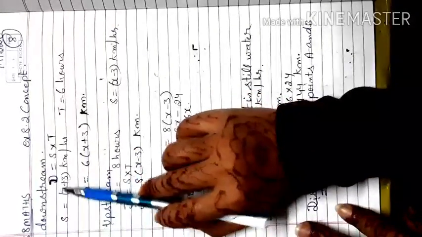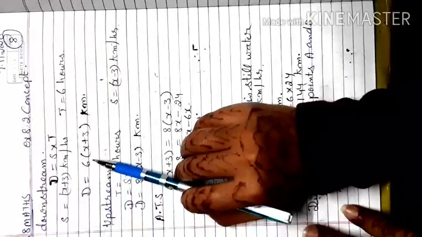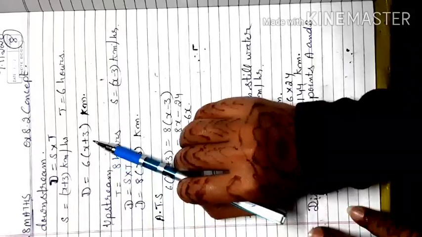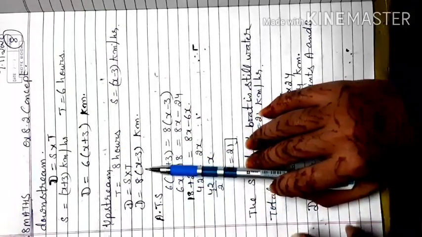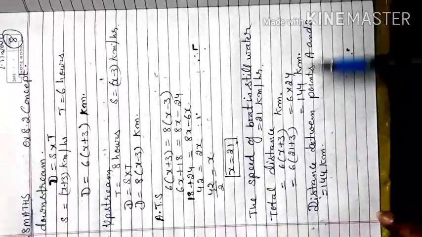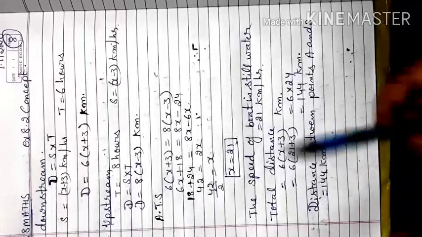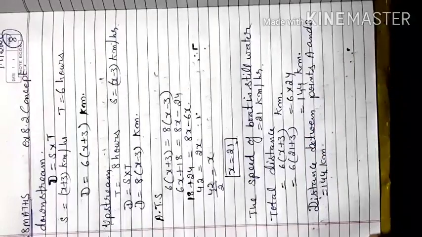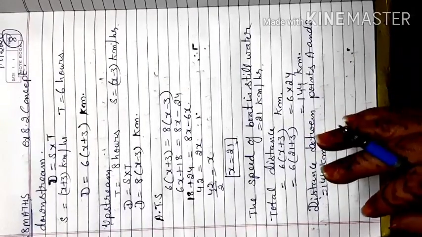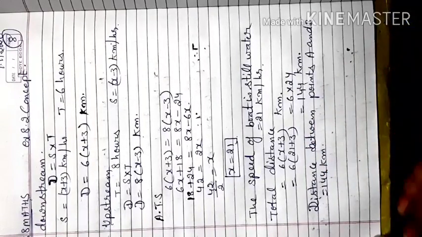So the distance will be speed into time: 6 into x plus 3 kilometer downstream, and upstream the distance covered will be 8 into x minus 3 kilometer according to the statement. But the distance is the same downstream and upstream.